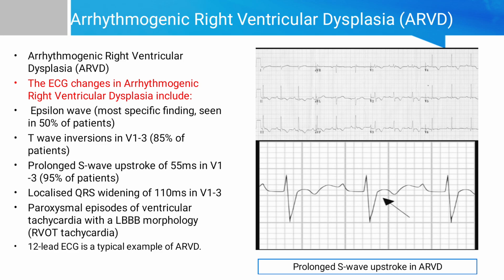Localized QRS widening of more than 110 milliseconds in V1 to V3. Paroxysmal episodes of VT with LBBB morphology. In this ECG, we can see that it is suggestive of arrhythmogenic right ventricular dysplasia. Here we can see prolonged S wave upstroke.